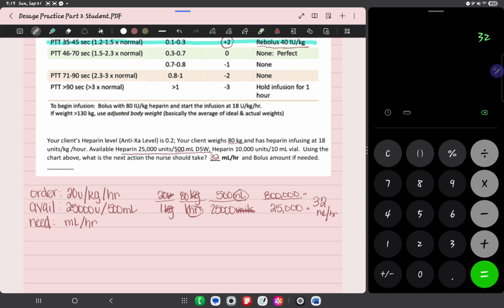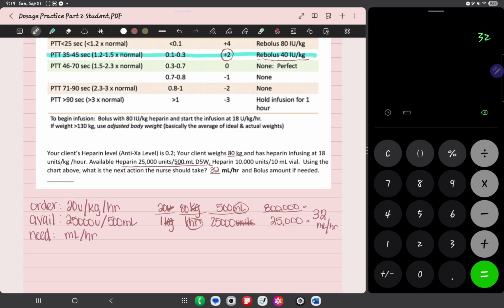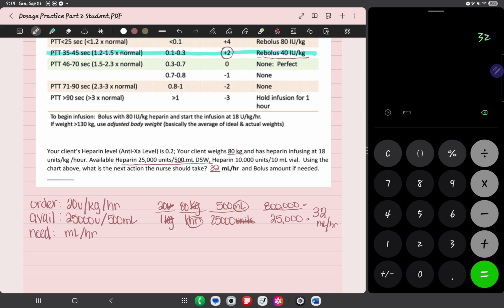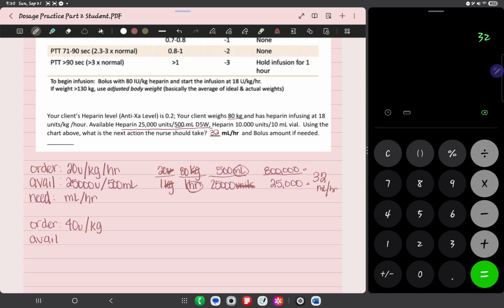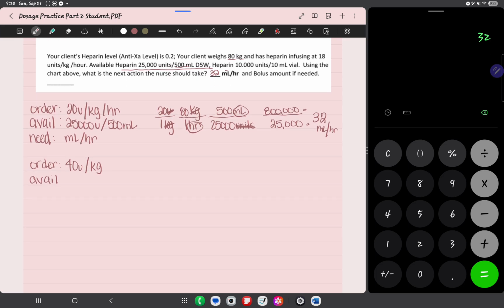All right. So then we have to figure out our equation for the rebolus. So our order is 40 units per kilogram. It comes as 10,000 units per 10 milliliters.